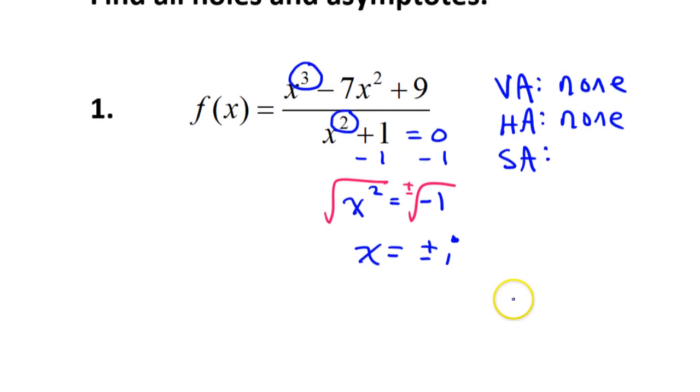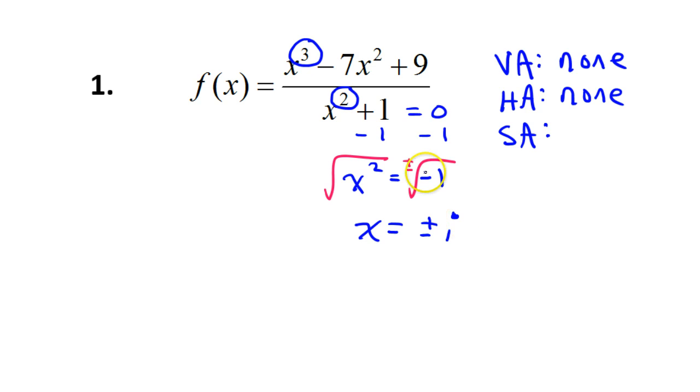Okay, and the way we find a slant asymptote is by doing division. Now, one can either do long division or synthetic. But as we go and set this up, well, could I do synthetic division with a problem like this?